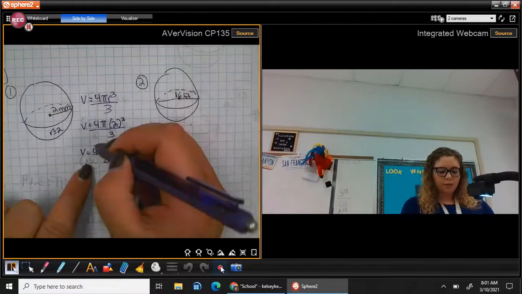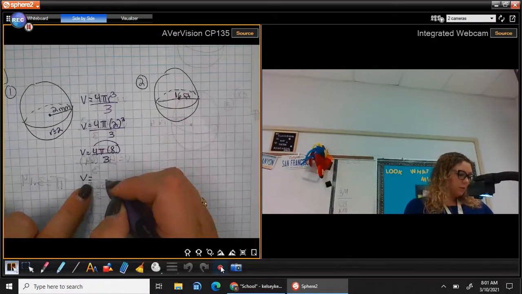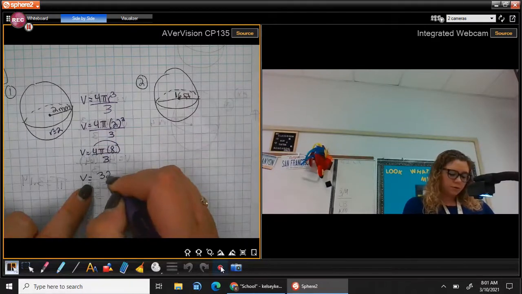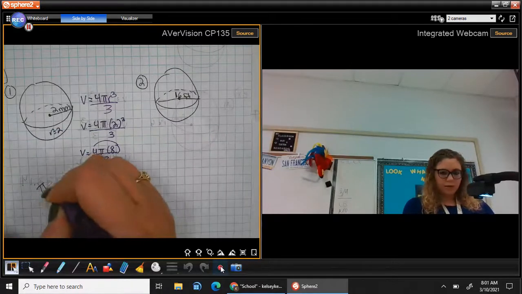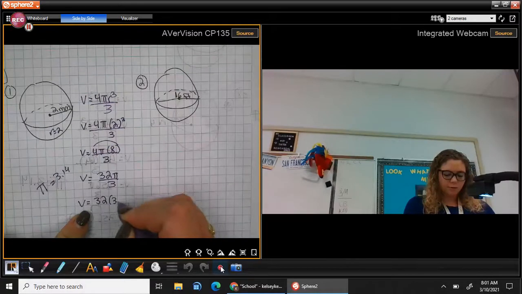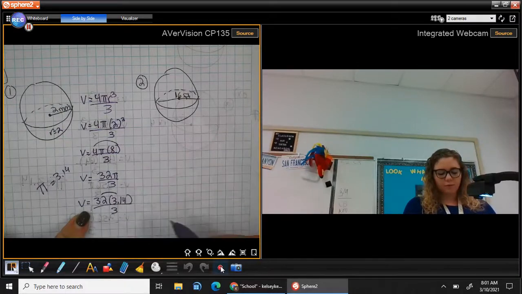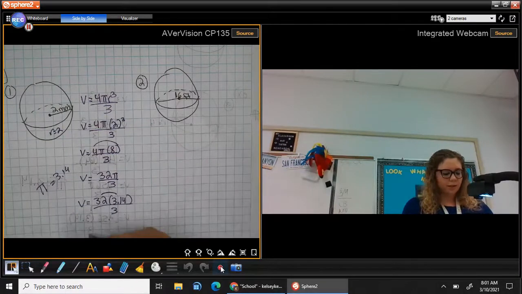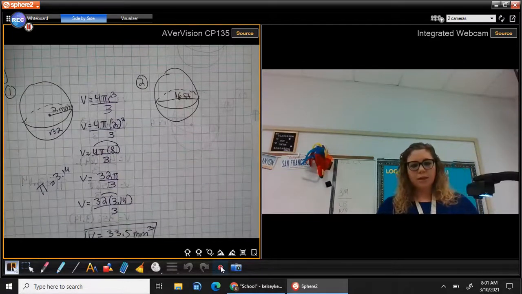Okay. 4 times 8 is going to give me 32 pi over 3. Okay. Remember, pi is 3.14. Plug that in for pi. Divide by 3. 32 times 3.14 divided by 3 is going to give you 33.5 millimeters cubed. And that's going to be my answer.